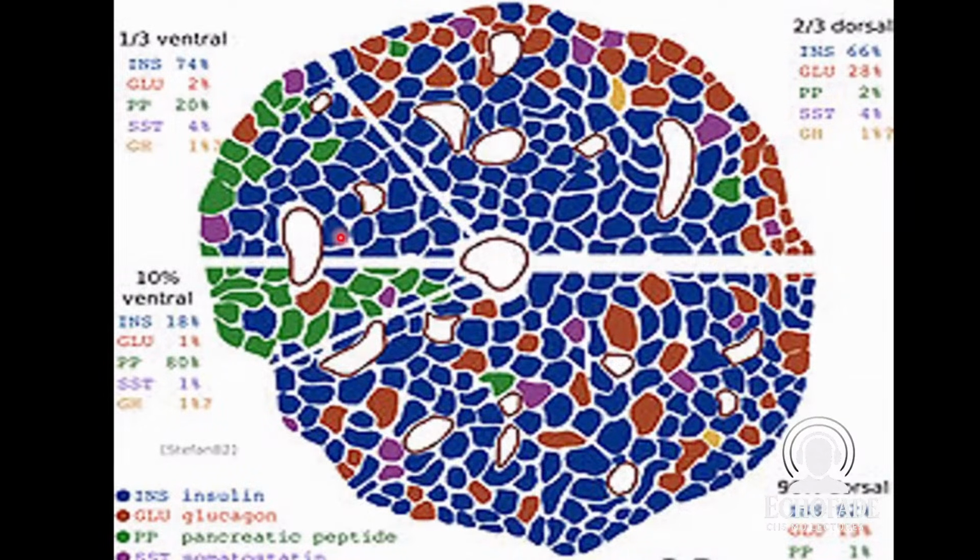Pancreatic peptide cells also are at the peripheral, secreting ghrelin. And then somatostatin, also the D cells. You can notice there are very few D cells scattered amongst the B cells.